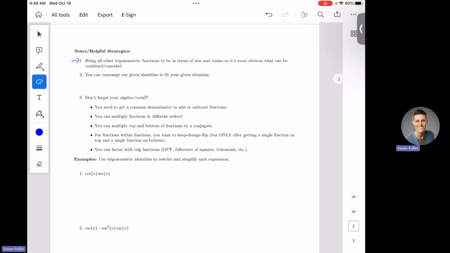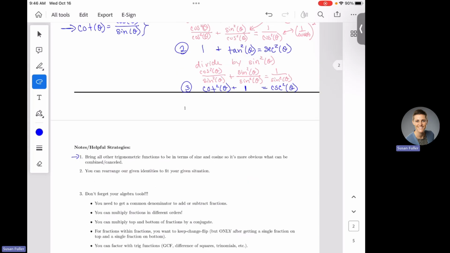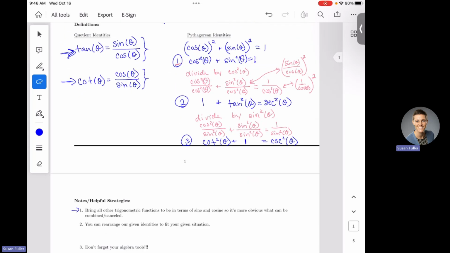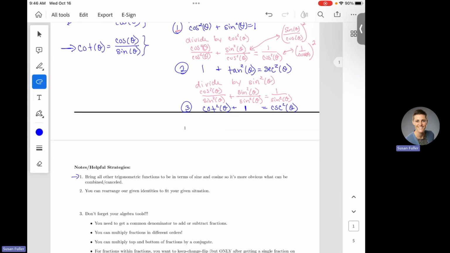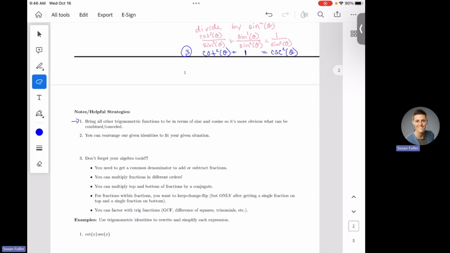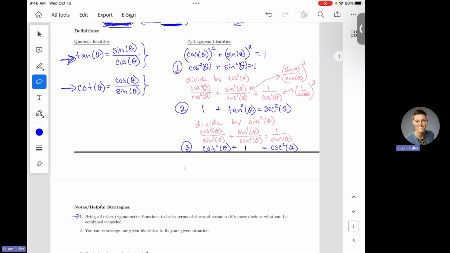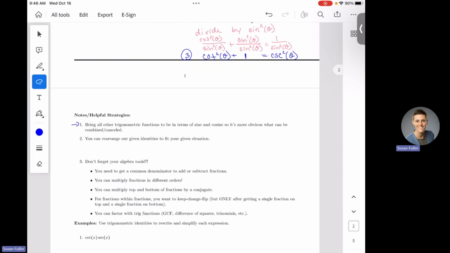Second thing that I want you to keep in mind is that we can rearrange these identities to fit our situation. These identities are equations after all. And really the main place where you're going to use this is with your Pythagorean identities. So our main Pythagorean identity says that cosine squared of theta plus sine squared of theta is equal to 1.